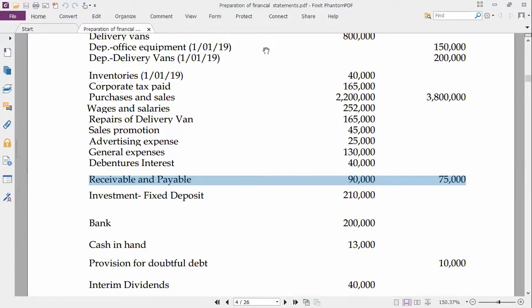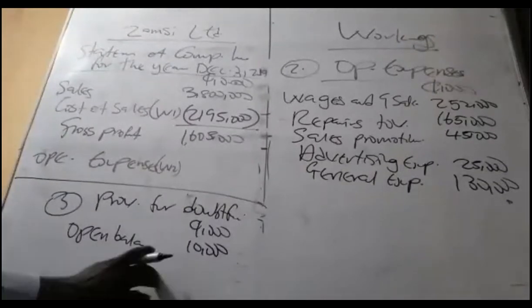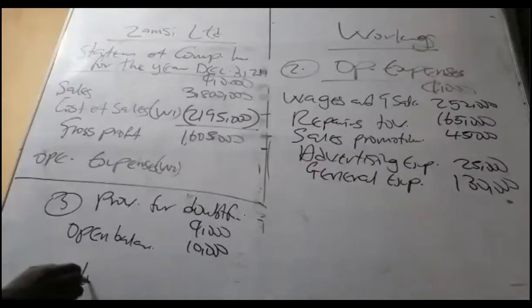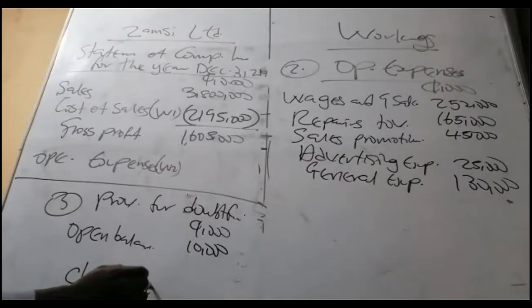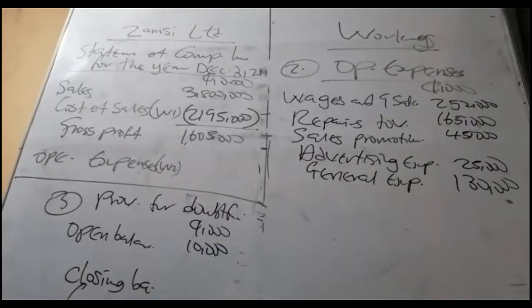Great. So let's go. We leave space here and write the closing balance down. Closing balance, open a bracket.